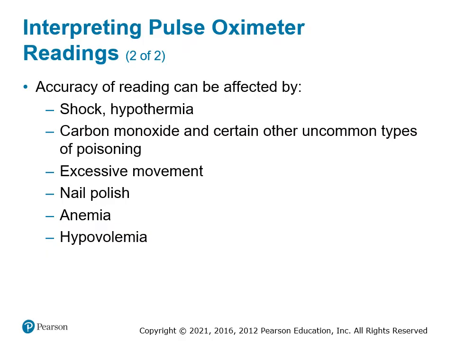Nail polish, especially darker nail polish, means the light won't be able to shine through to get a good reading of the oxygen saturation. Anemia, where somebody doesn't have enough red blood cells circulating through their body, and excessive movement are all things that can affect your pulse oximeter reading.